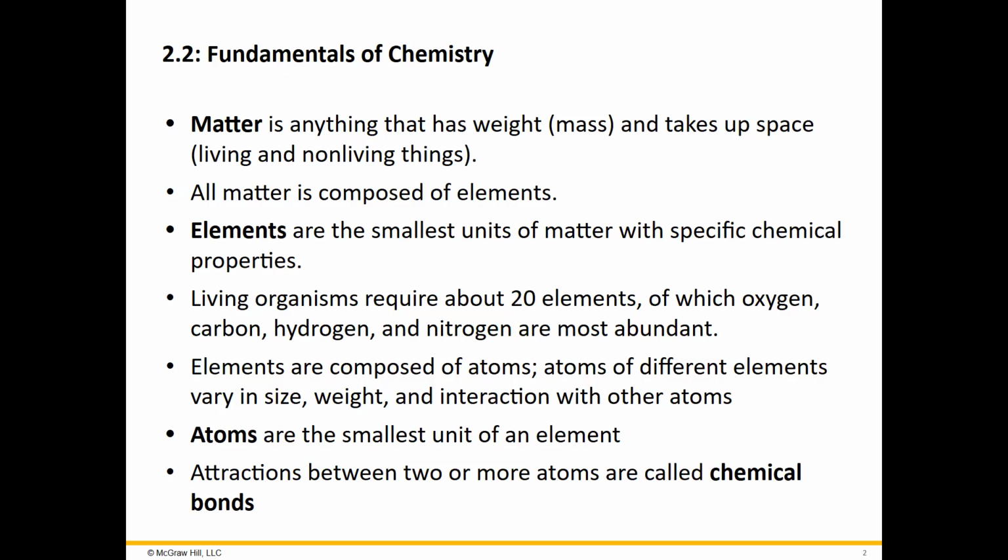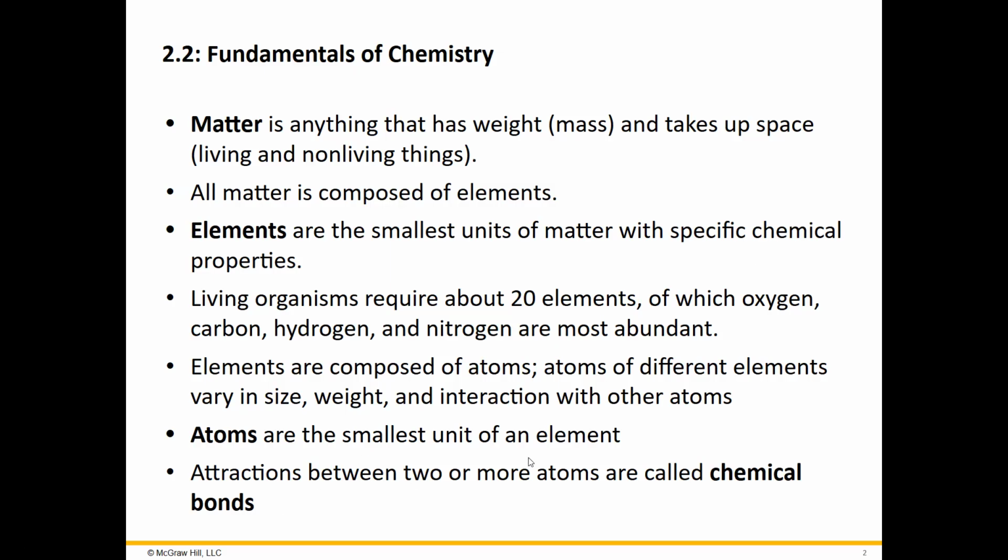Again, elements are composed of atoms, and you can have multiple atoms of the same element; it's still the element. Atoms of different elements vary in size, weight, and interaction with other atoms, so different atom composition means a different element. An atom is the smallest unit of an element. An element is an atom, and an atom is an element.